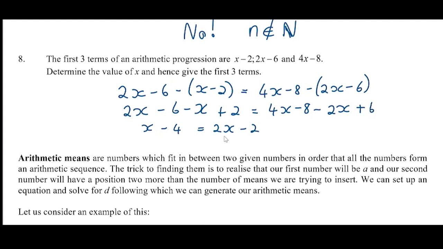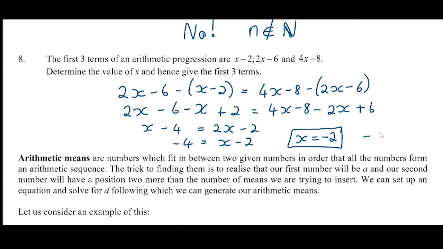We're now going to subtract x from both sides, and we get x minus 2 on the right and minus 4 on the left. And then lastly, we're going to add 2 to both sides, and we get a final answer of x equals minus 2.